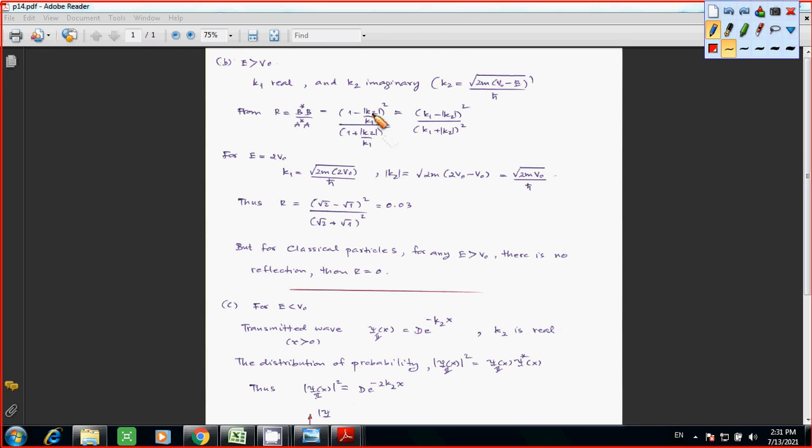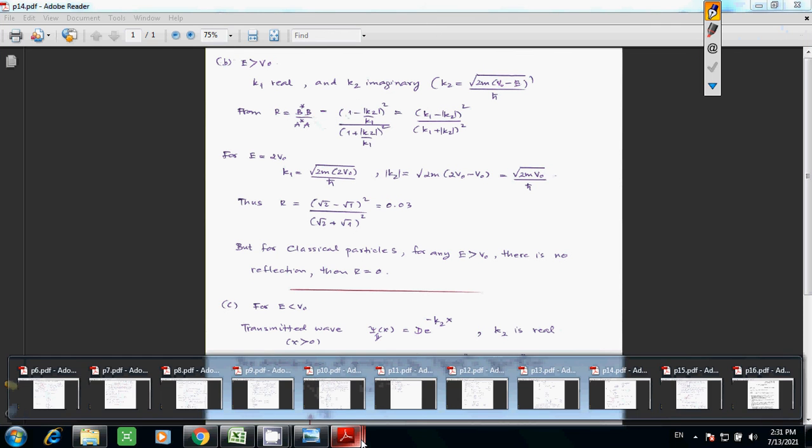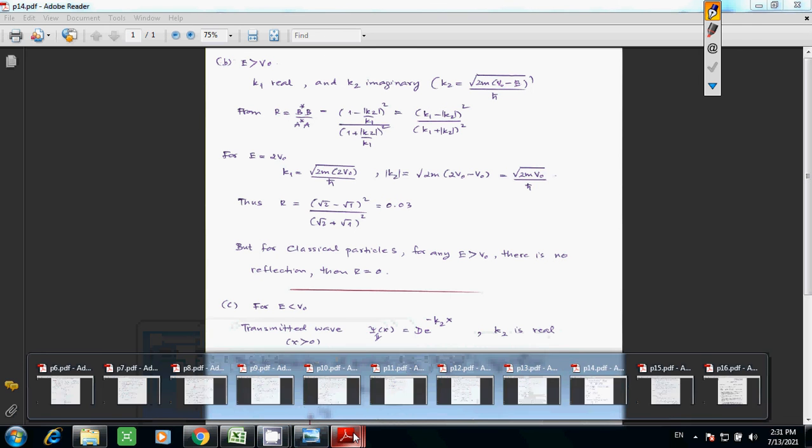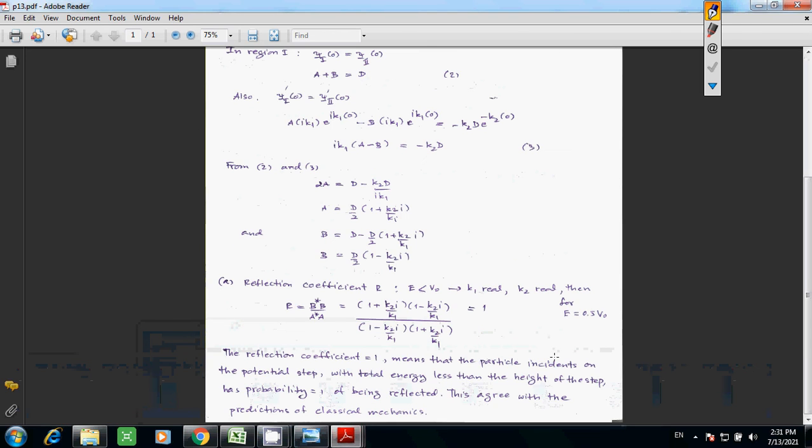You go back to K2, you go back to B from the previous page. Page number 14. Let's go to page number 13.